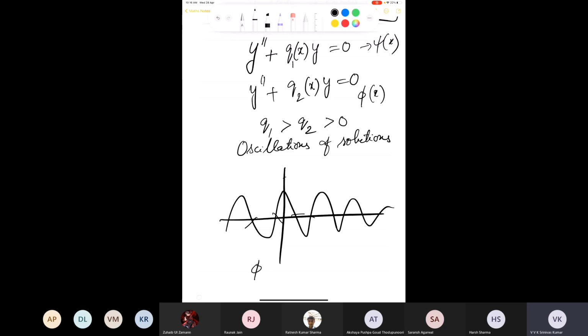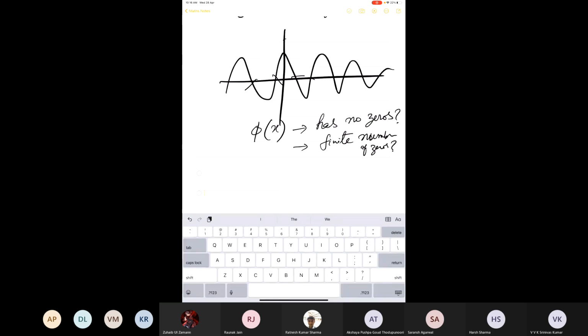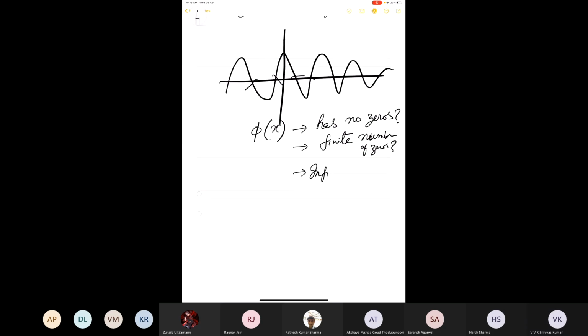So the question is, phi x has no zeros, or a finite number of zeros, or infinitely many zeros.